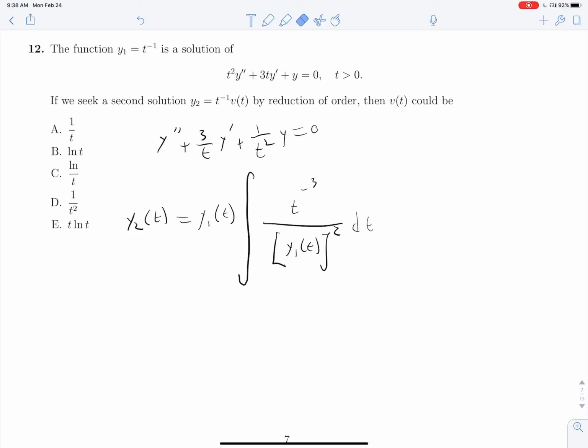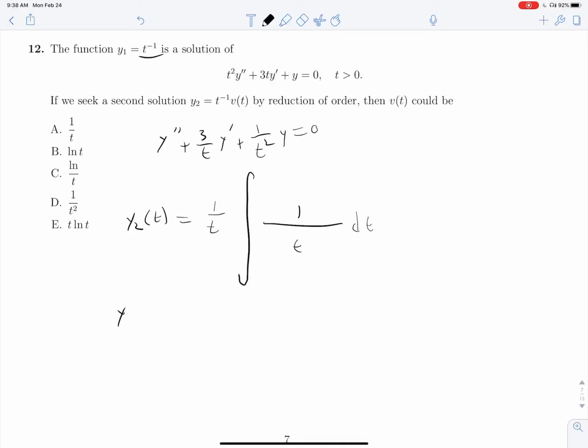And y1 we can replace with our first solution, which is just t to the negative 1. So 1 over t, and this will be 1 over t squared. And rearranging things, this guy will go up top, and this guy will go down at the bottom, and we can cancel those guys out.